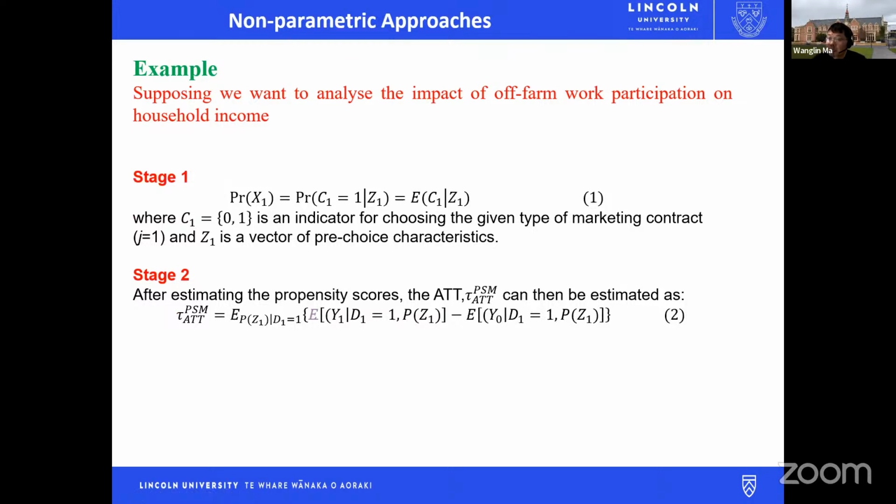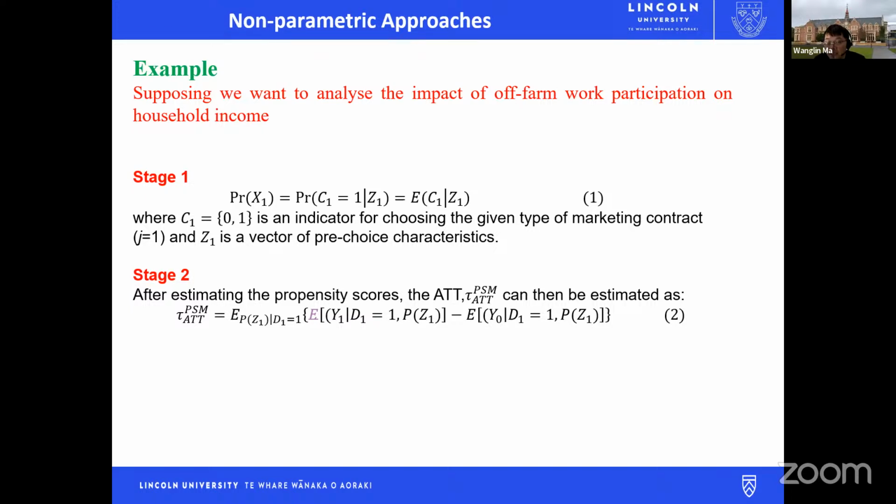Here the first stage is to estimate the probability that a person chooses to work off the farm. So here Pr(X1) is the probability, and Ci equals 1 is off-farm work participants.